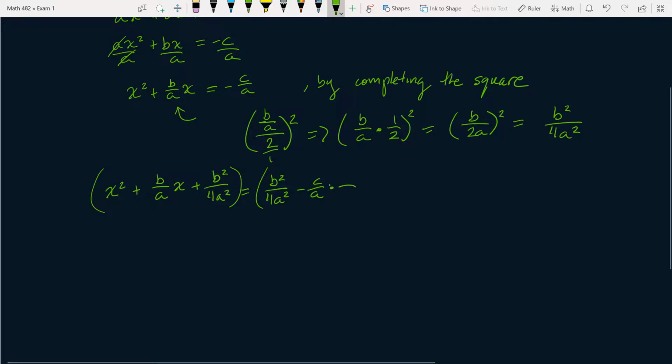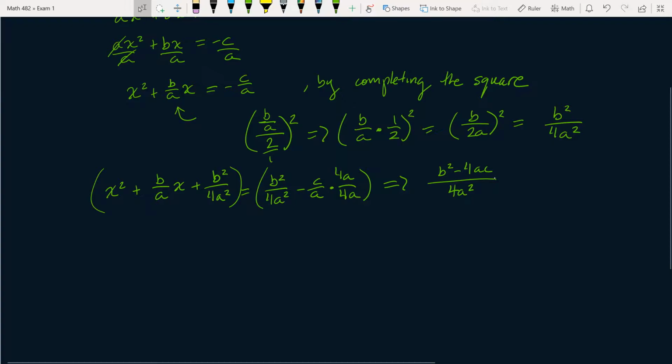So in order to do that, we need to multiply this term by 4a and this one by 4a. And then that's gonna turn into b squared minus 4ac divided by 4a squared.